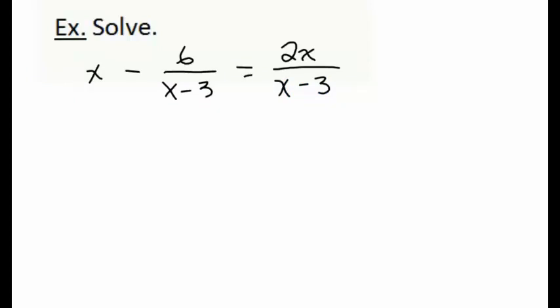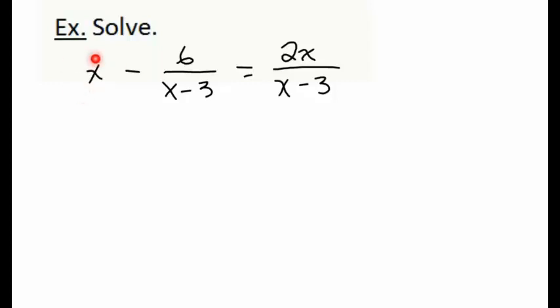Here we have x minus 6 over x minus 3 is equal to 2x over x minus 3. Now, of course, there's a couple ways to go about starting to tackle this kind of equation. You might notice that the two denominators of our fractions are the same, so you could add these two fractions together to start. If you don't like working with fractions, then I suggest multiplying by the LCM of your denominators.